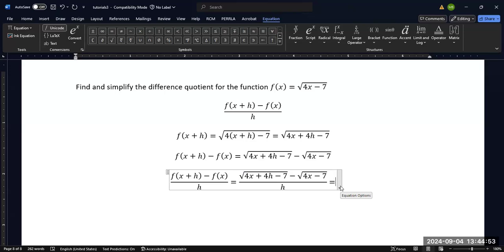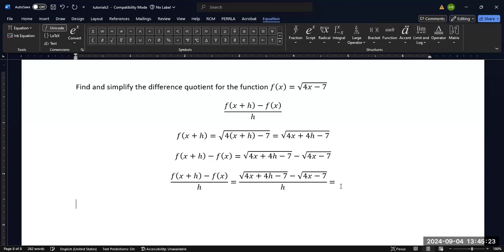Well, the trick that we're going to apply in order to accomplish this is going to be to multiply by the conjugate. So typically when we rationalize fractions, we're trying to get the radicals out of the denominator. But in this case, we're actually going to try to get the radicals into the denominator because that is what we need to do in order to get rid of that h.